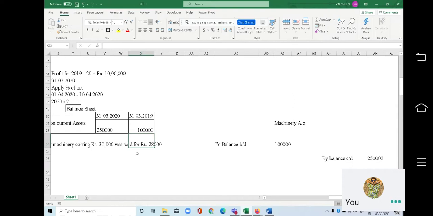Loss. Good. What is the journal entry for loss on sale of machinery?